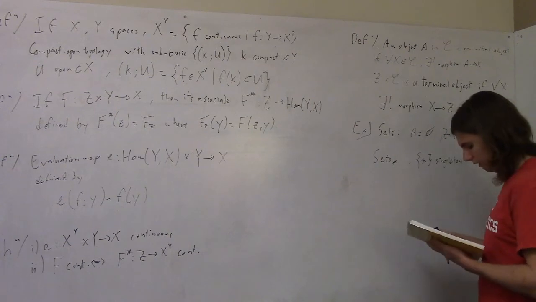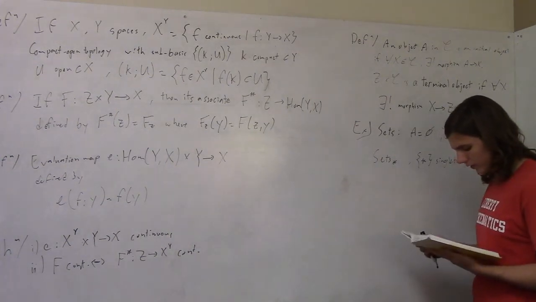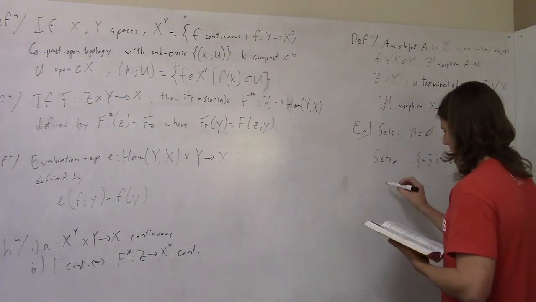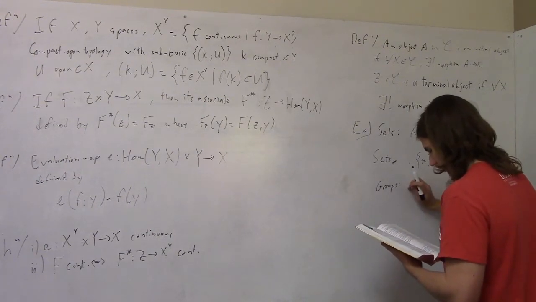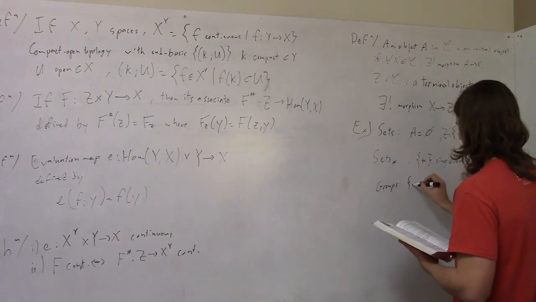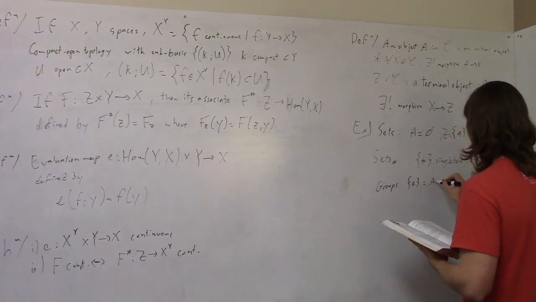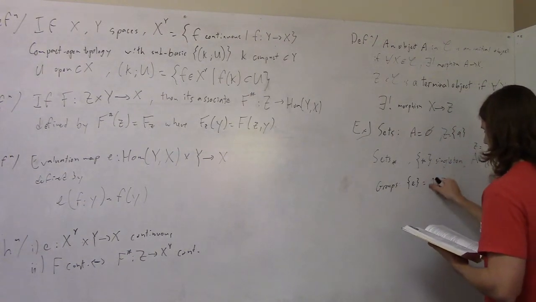If it's both initial and terminal, then it's called a zero object. And in groups, the group of order 1 is a zero object.